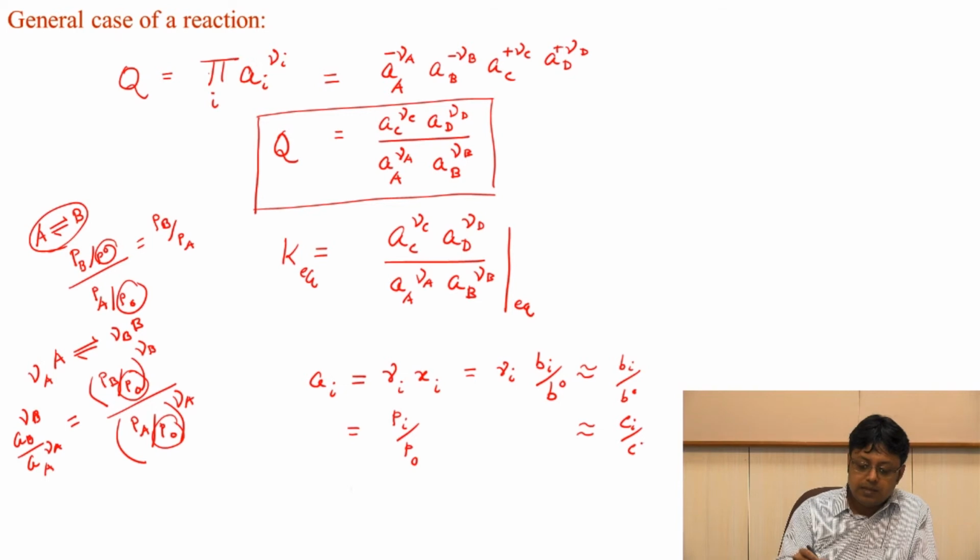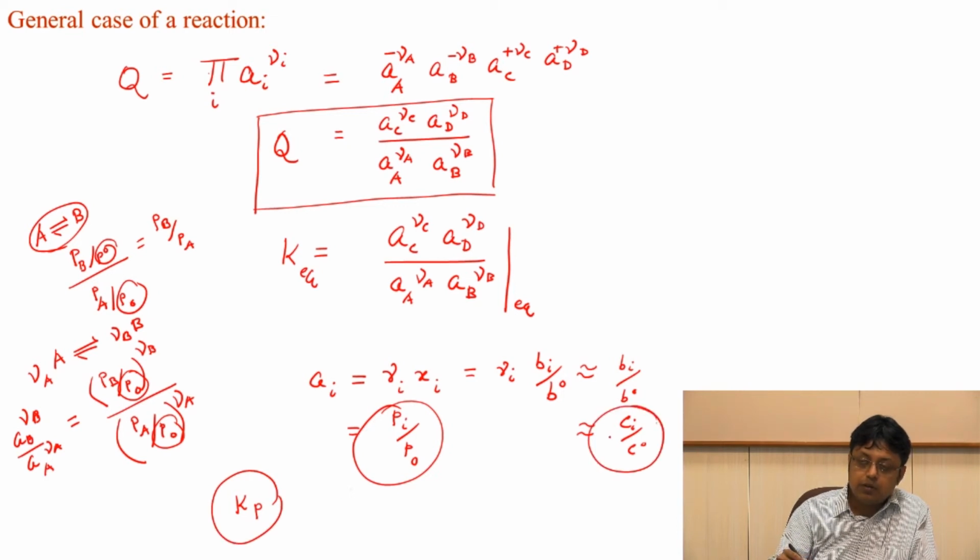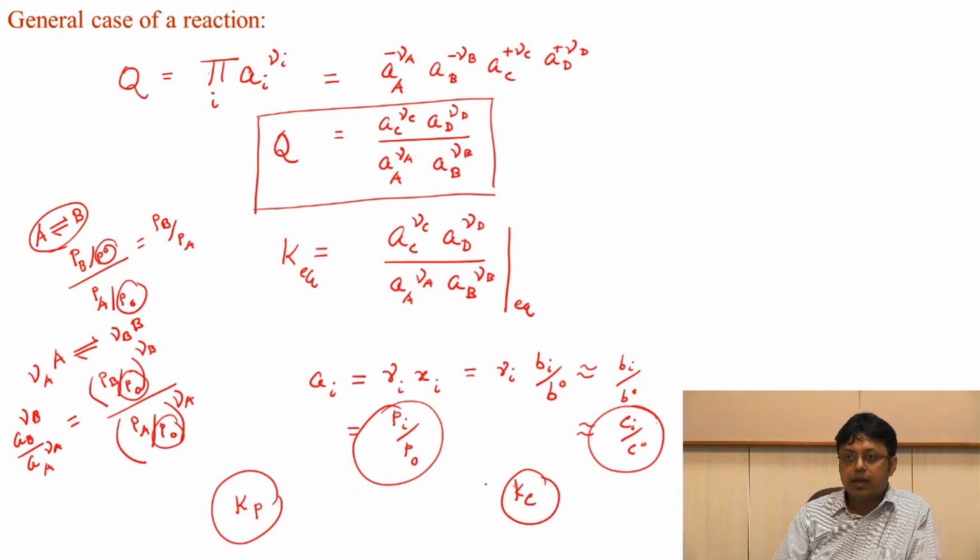If I express this activity in terms of pressure, then the corresponding equilibrium constant is known as the equilibrium constant with respect to pressure. We write it as Kp. If we express it with respect to concentration, we write it as Kc. And of course there is a relationship between Kp and Kc.